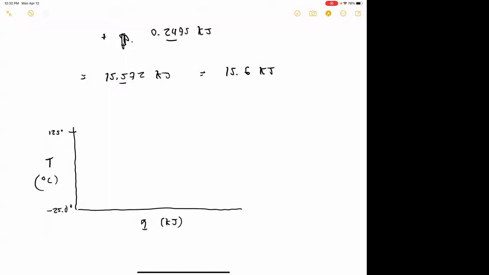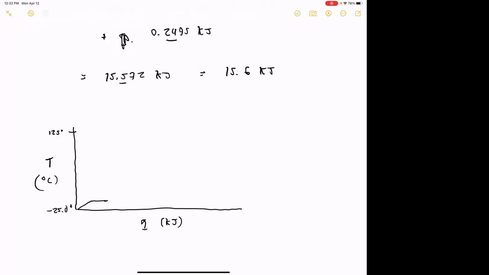Okay, so what ends up happening is I have to put some heat in to warm the ice up, and then I end up at a constant temperature. So I'm still putting heat in. So notice that my x-axis is still increasing here, but the temperature is not increasing. I'm at a constant temperature because that's where I'm actually converting the ice over into liquid water.